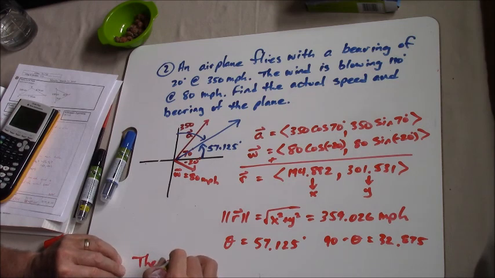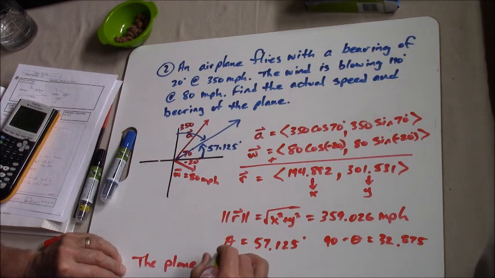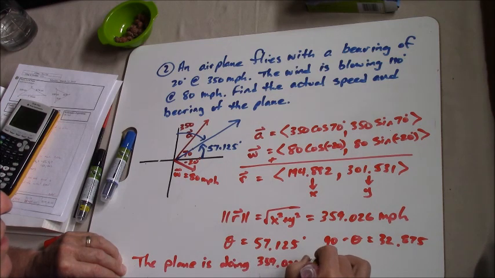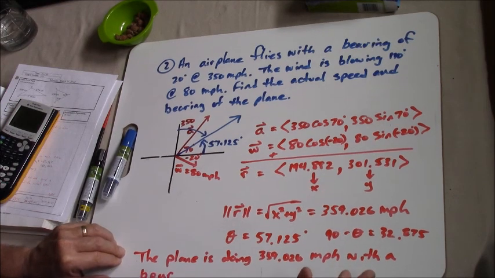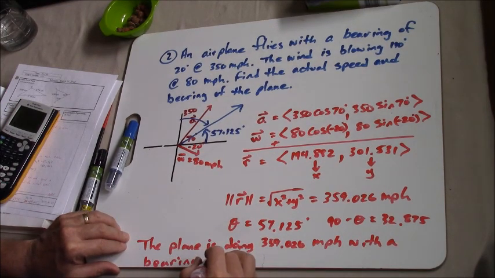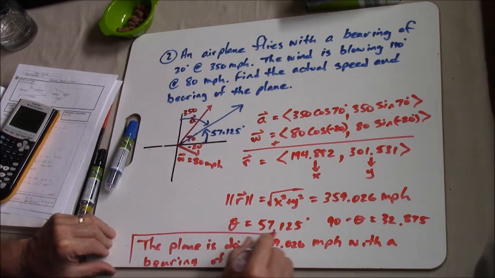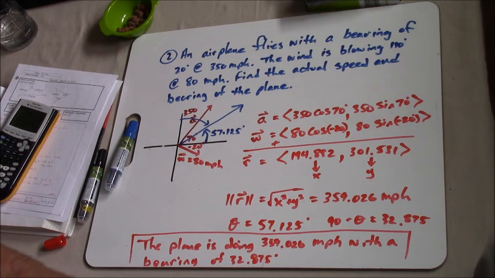The plane is doing 359.026 miles per hour with a bearing of 32.875 degrees. There's my clear answer at the end.